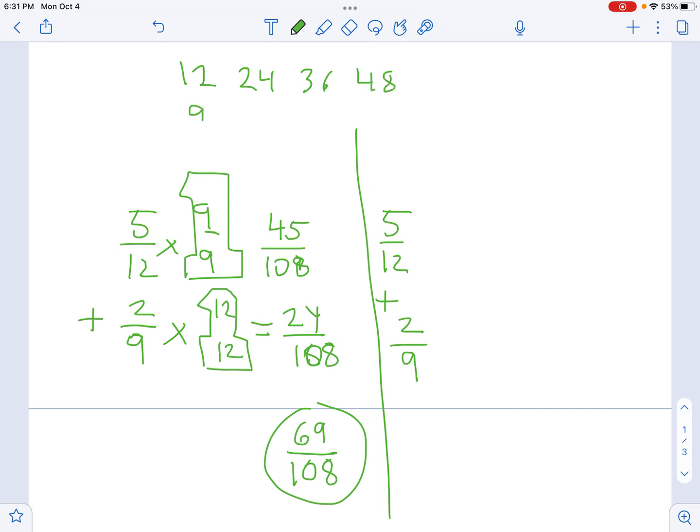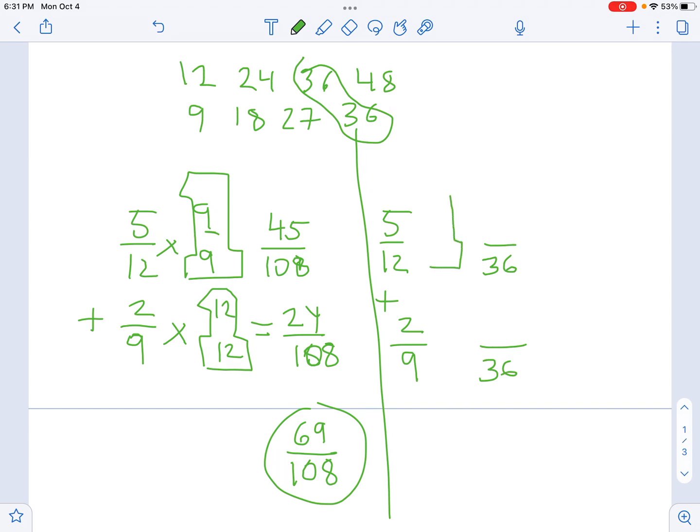Now let's try 9: 18, 27, 36. Aha! I've got a much smaller number than 108 that I can work with. So my common denominator can be 36 instead.